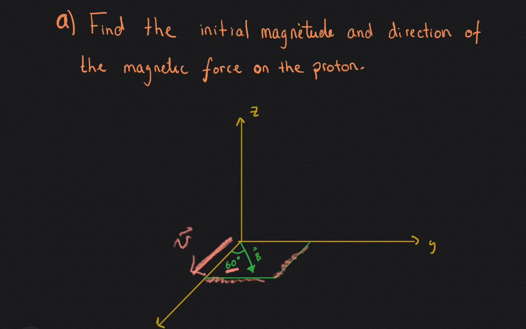Now, when I use the right-hand rule again, we're going to point our fingers in the direction of the velocity, namely the x-axis, and curl your fingers on the xy plane towards the vector B, the applied magnetic field.